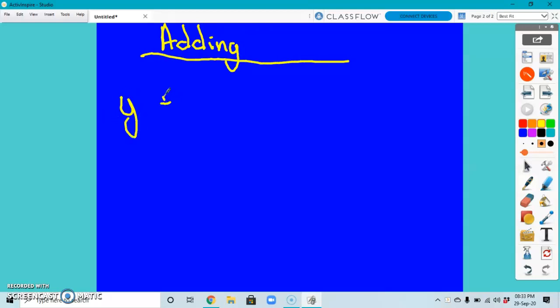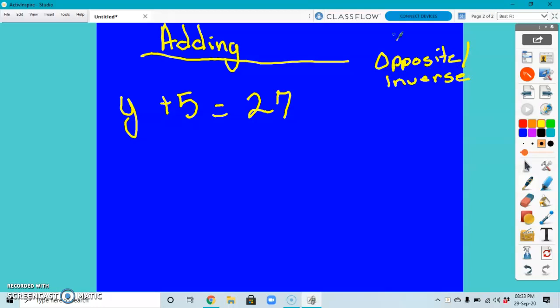So, we're going to start with adding. Okay, so we have y plus 5 equals 27. Here, you're going to do the opposite, or I think they also call it the inverse operation.